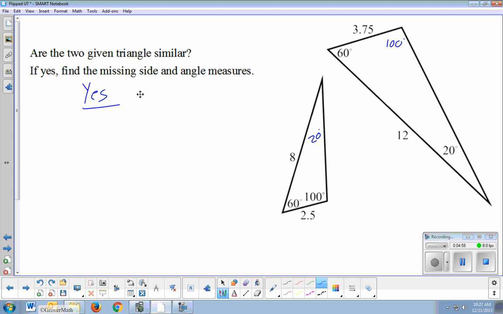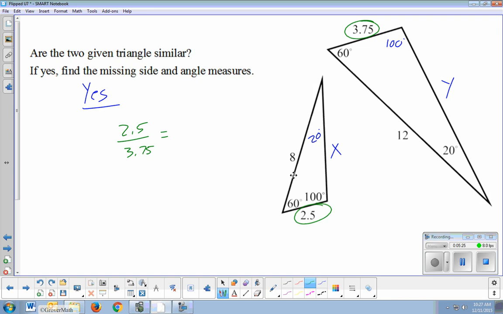So now that we know that they are similar, we can find the missing sides, call this x, this y, by using the fact that the sides are proportionate. I see that 2.5 is between 60 and 100, so is 3.75. So that means 2.5 corresponds to 3.75, and that ratio will be equivalent to these other sides here too.